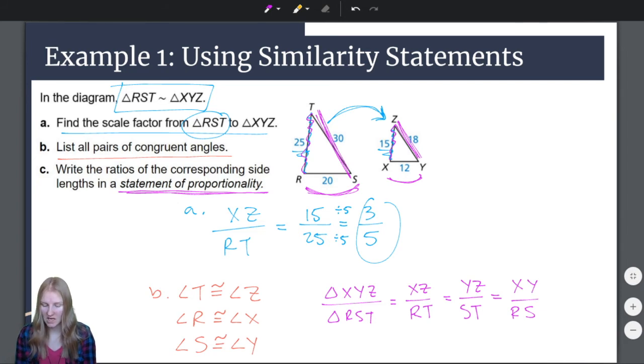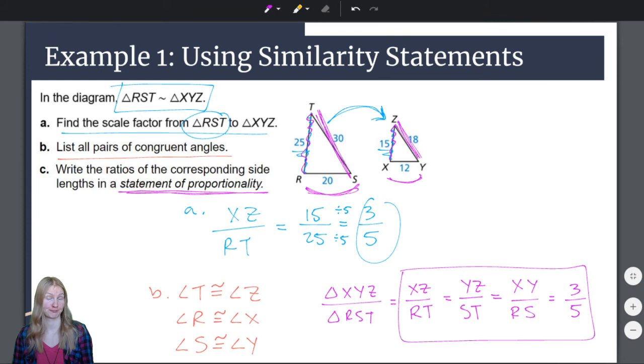So this would be our statement of proportionality. The ratios of all of these sides are equal. And in fact, they are equal to the scale factor. Okay, and there you go. That's part C, all done. So we found the scale factor, we listed the congruent angles, and we made a statement of proportionality for the side lengths.